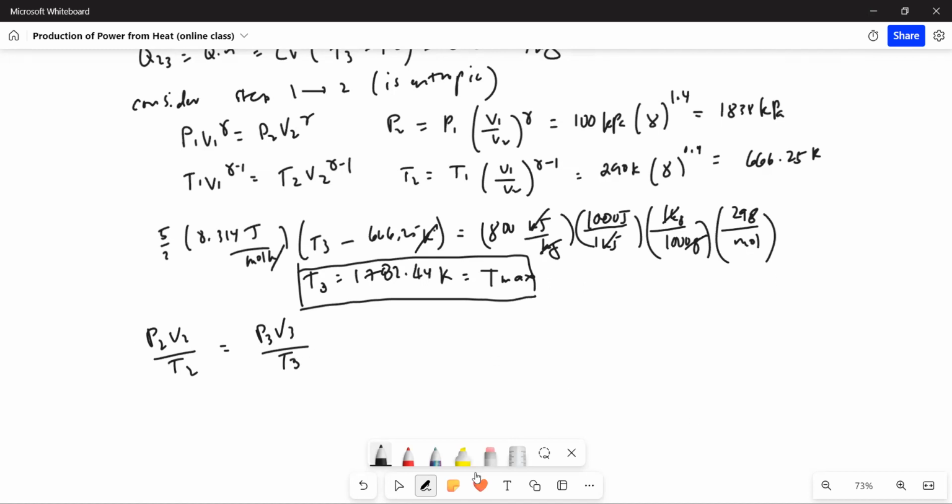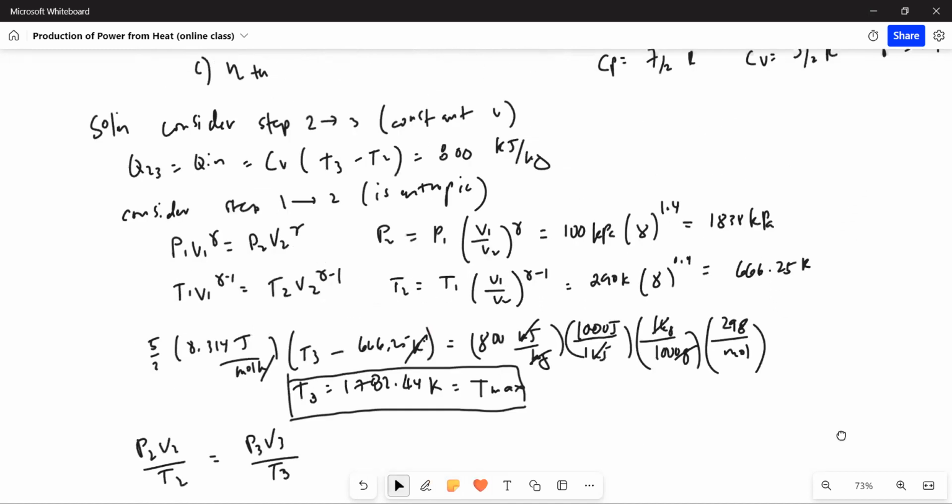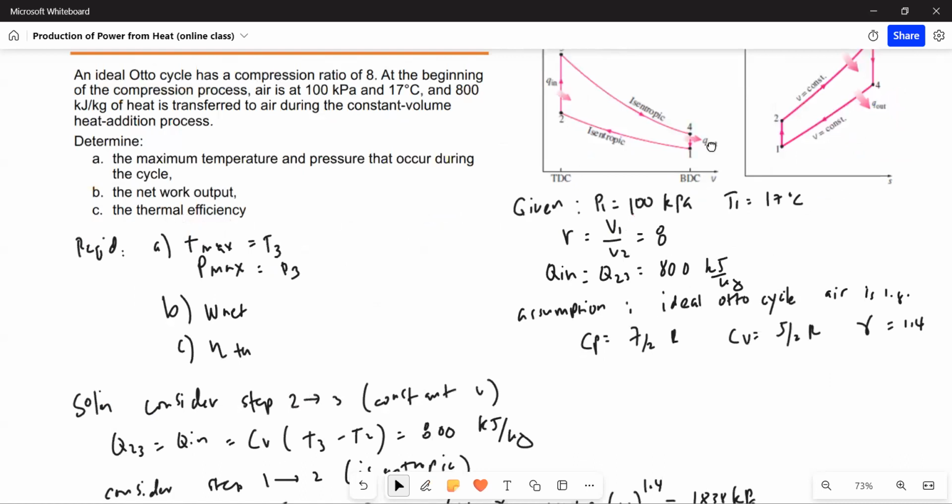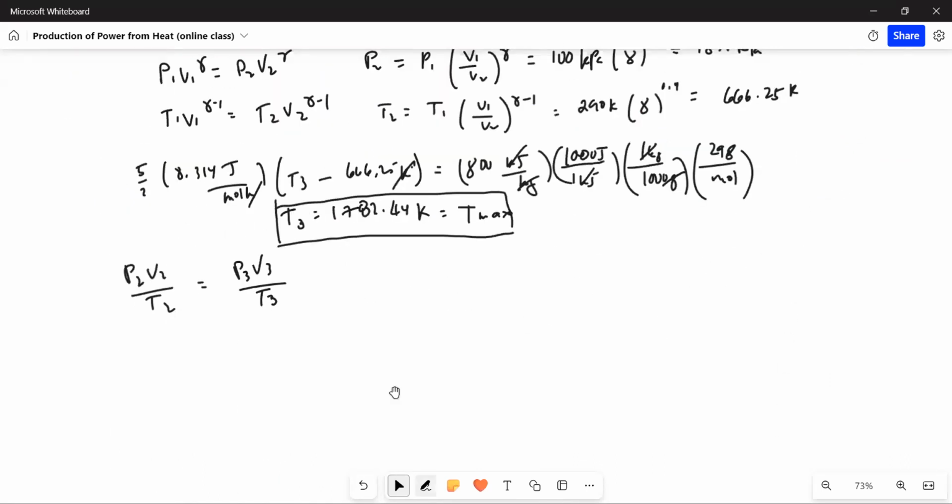However, look at the diagram. V2 is just equal to V3. It's an isochoric process, therefore, we'll cancel V on both sides. And we can isolate P3, and it's simply P2 times T3 over T2.